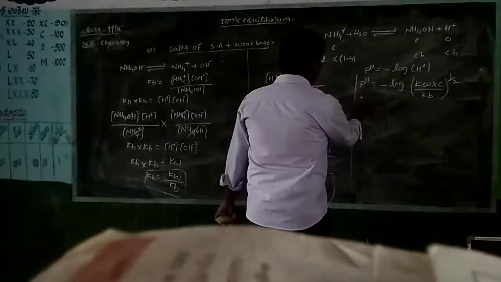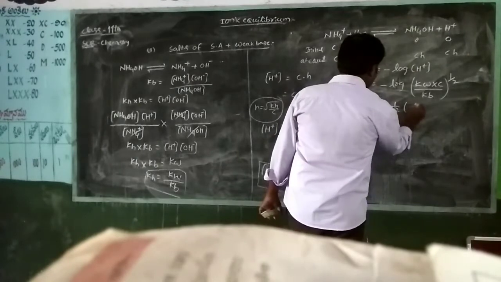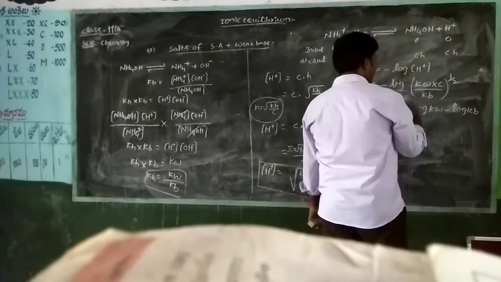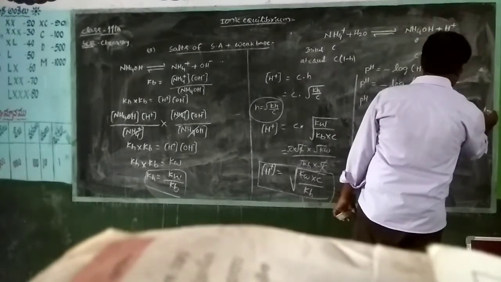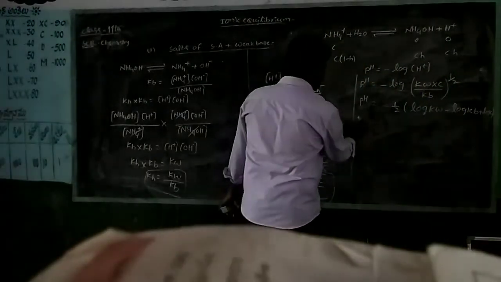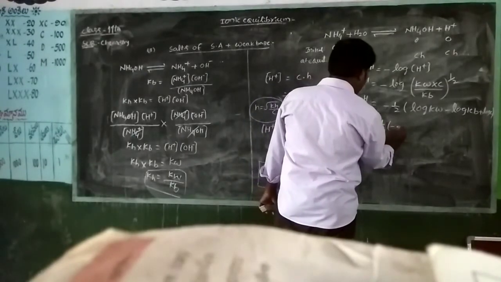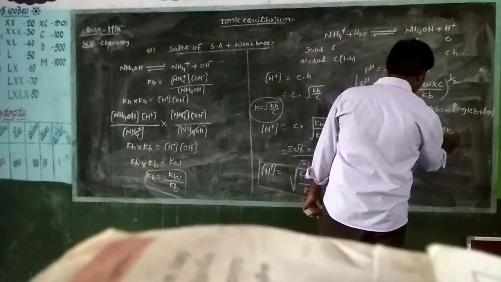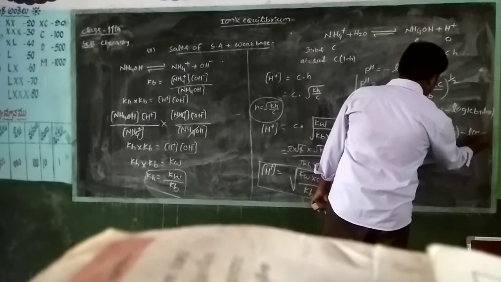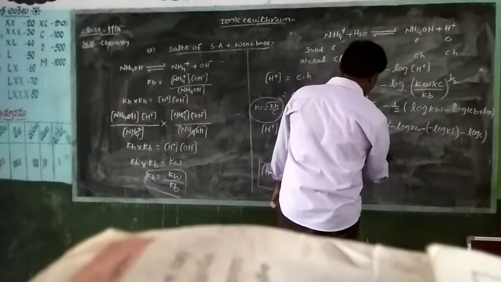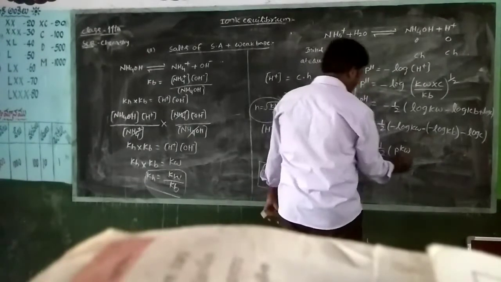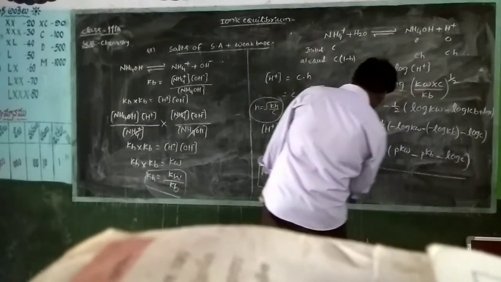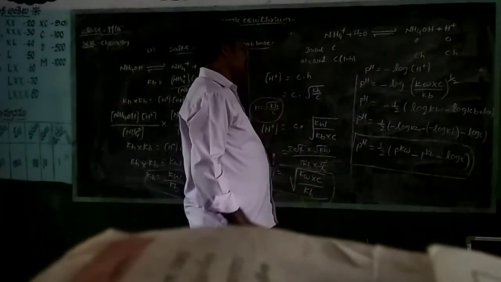So pH is equal to minus of half of log KW minus log KB plus log C. That means pH is equal to half of minus log KW plus minus log KB minus log C. Already you know that minus log KW is equal to pKW. So pH is equal to half of pKW plus pKB minus log C. This is the final equation for the pH of salts of strong acid and weak base.